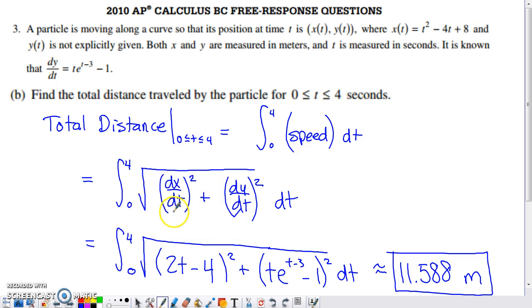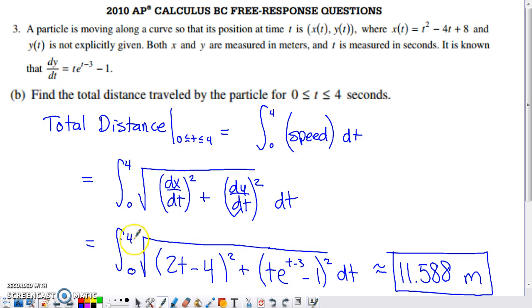Well, if I keep that general without putting specific numbers in place of dx dt or dy dt, like in the case of part A, where we had evaluated this and this both at 3. But if I keep it general, dx dt squared and dy dt squared in this spot, I can substitute in what we had for dx dt from the previous screen. The derivative of this is going to go in place of dx dt. This is already dy dt.